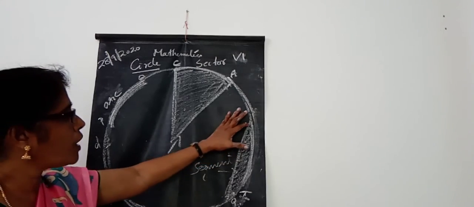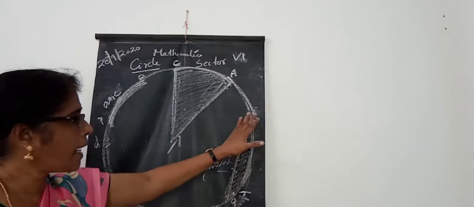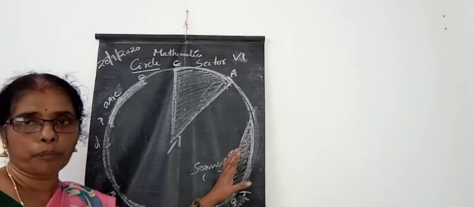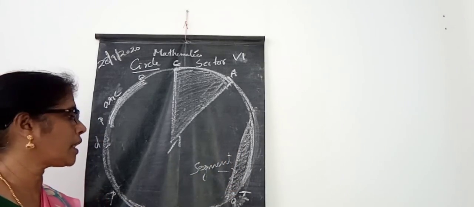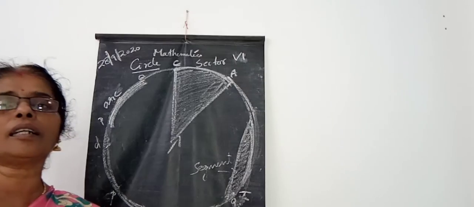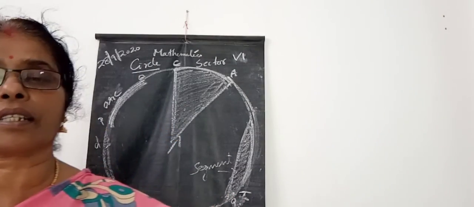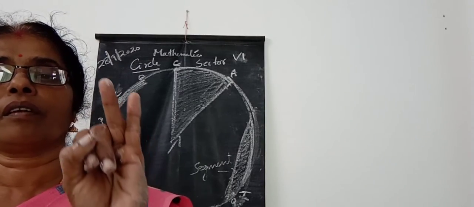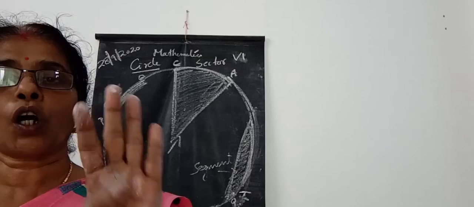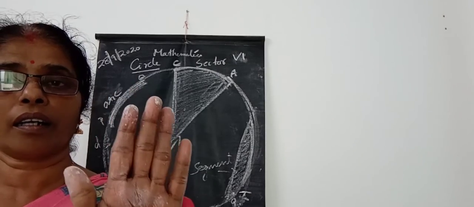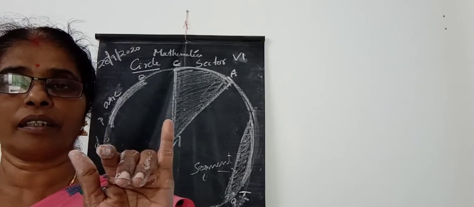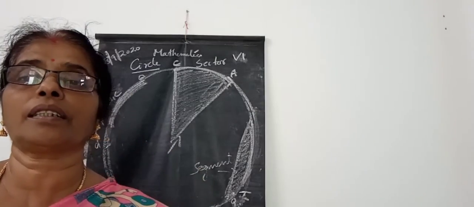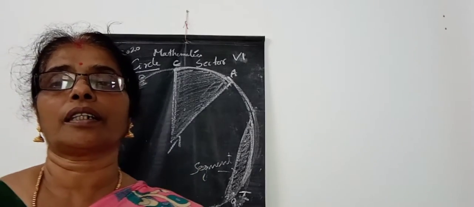And this one has one side a chord and the other side an arc. That region we can call a segment. These are the parts of the circle. What are they, children? First, center, radius, diameter, chord, arc, sector and segment. These are the parts of the circle.